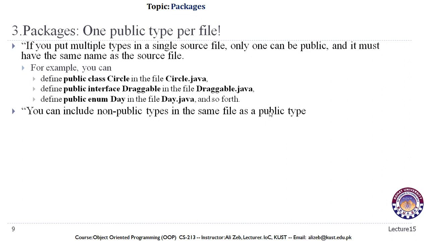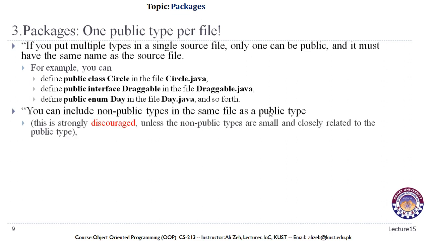You can include non-public types in the same file as a public type, although this is strongly discouraged unless the non-public types are small and closely related to the public type. But only the public type will be accessible from outside of the class. So even if we have a non-public class with a public class in the same file, we cannot access that non-public class from outside of that package.